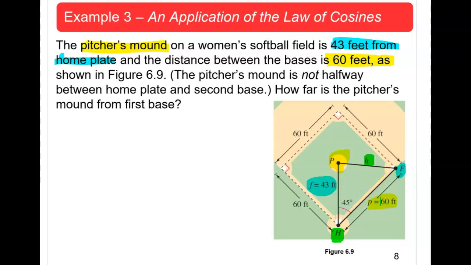You could see that here, a right angle. So the line that we have here for the distance from the pitcher to home is considered not a perpendicular, but just a bisector of the angle, which was originally 90. So if we bisect that, cut in half, we get 45.